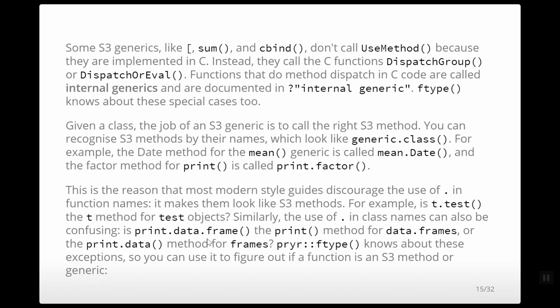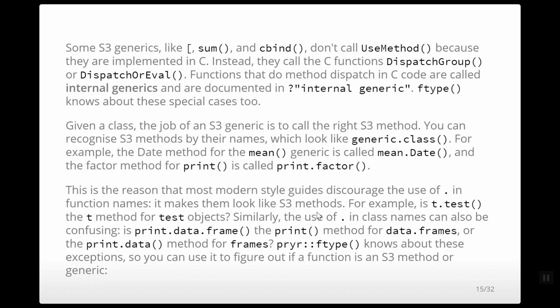And print.data.frame, we know this is the print function for the data.frame object class. But someone could be confused and think, oh, could it actually be the print.data function applied to class frame? And that would be a legitimate question. Now we know that because data frames are such a common thing, this is the print function applied to class data frame.